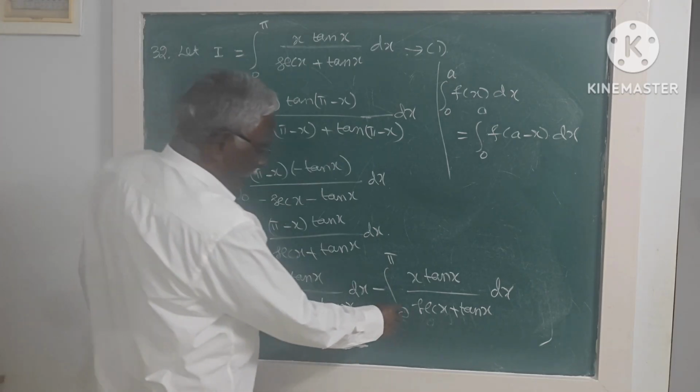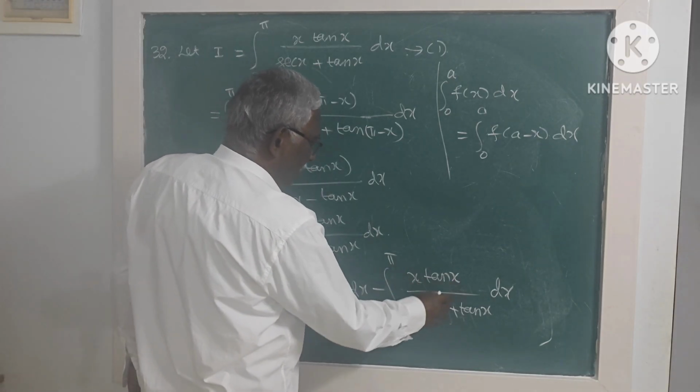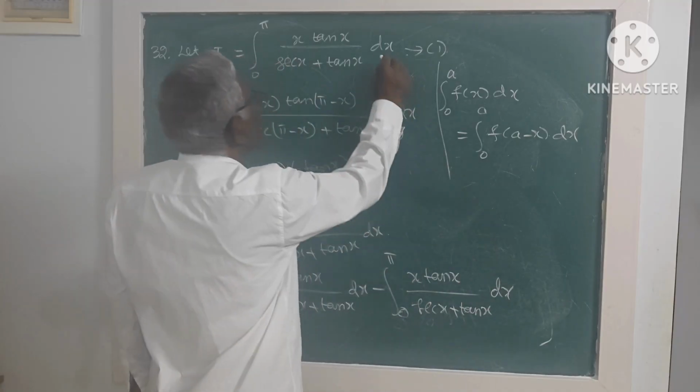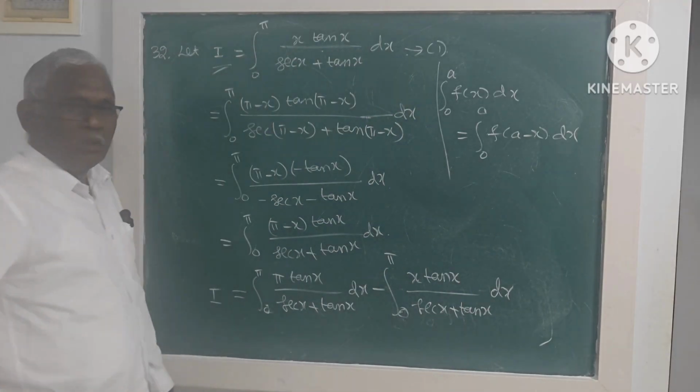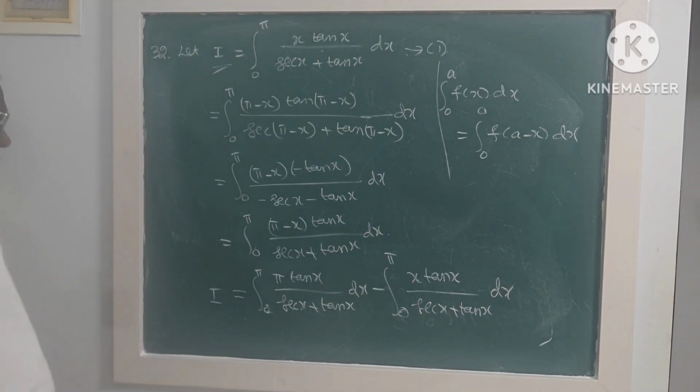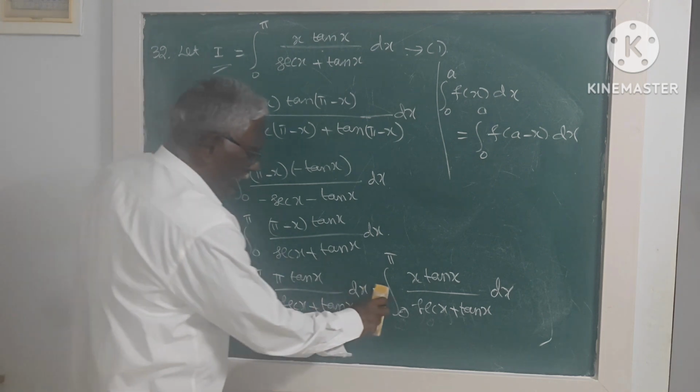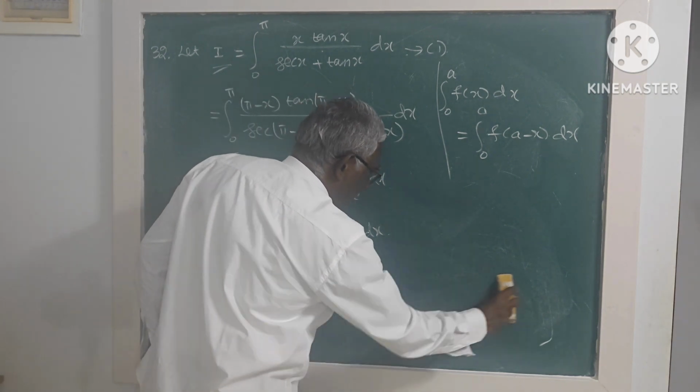You see now integral 0 to pi x tan x by secant x plus tan x dx is nothing but I only. So I am just replacing this with I.